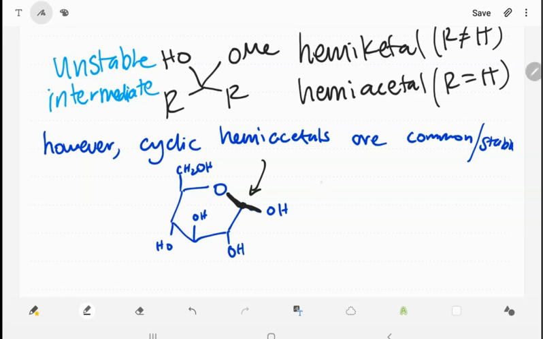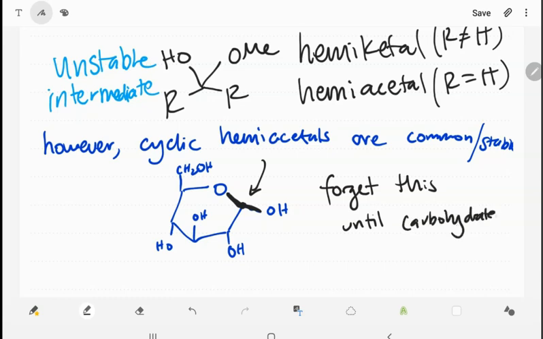So just forget this until we talk about carbohydrates, but I just want to put that out there. I told you that hemiacetals and hemiketals are unstable, but in reality, cyclic ones are not. So we do see cyclic ones, hemiketals too.